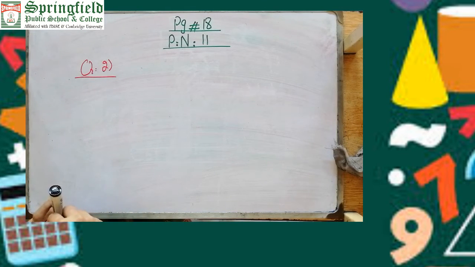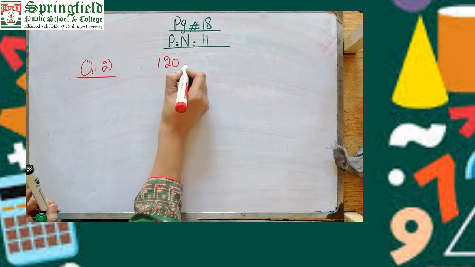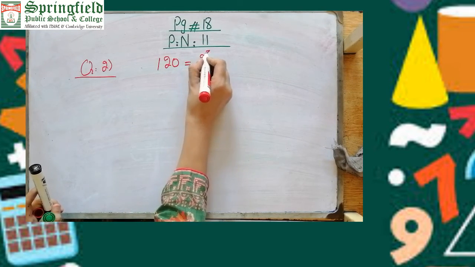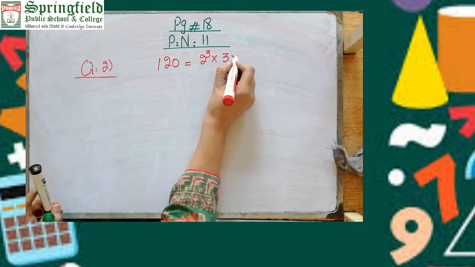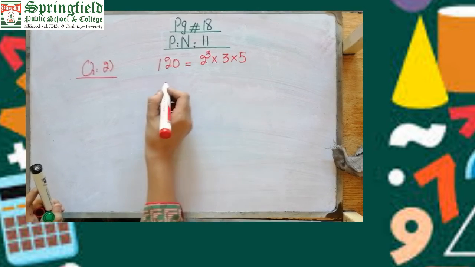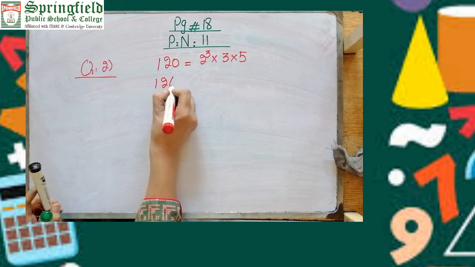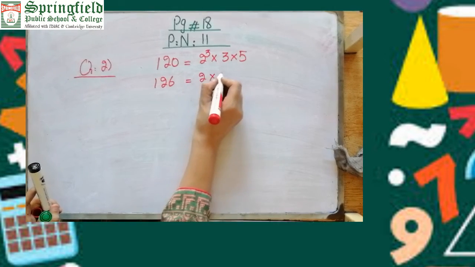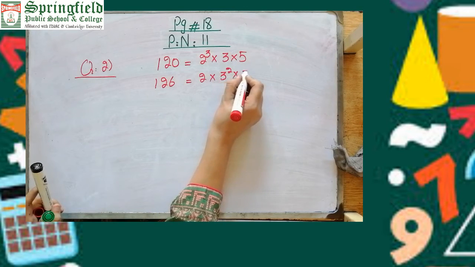Okay, the factors of 120 and 126 are given. First I will write the factors of 120. The factors of 120 are 2 cube multiply 3 multiply 5. And then write down the factors of 126: 2 multiply 3 square multiply 7.